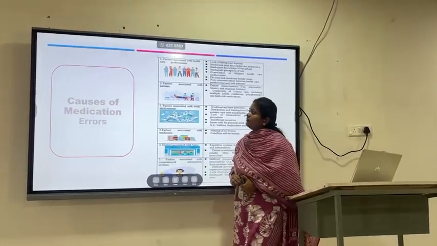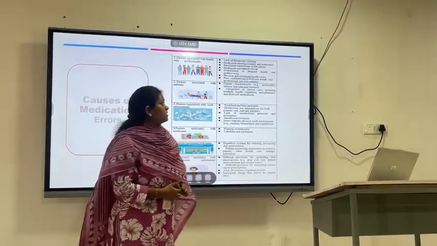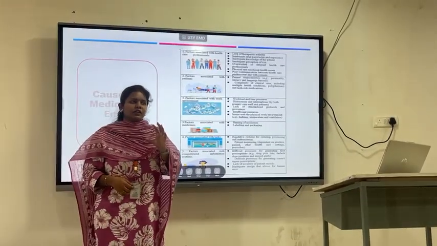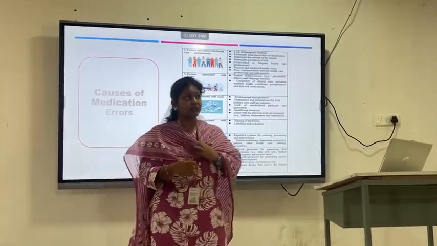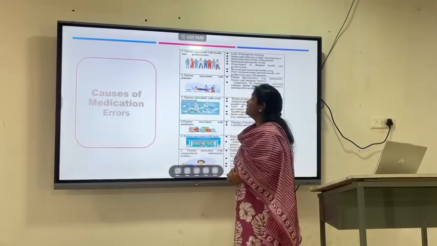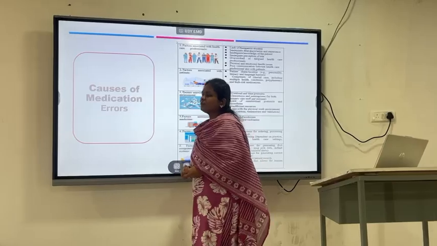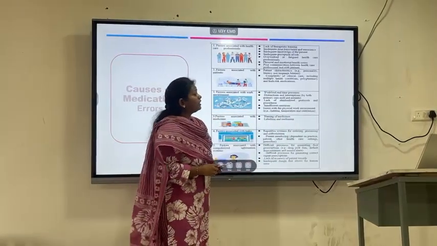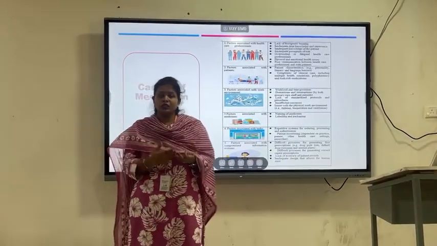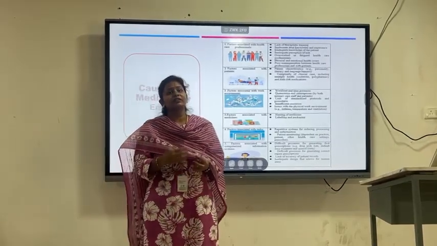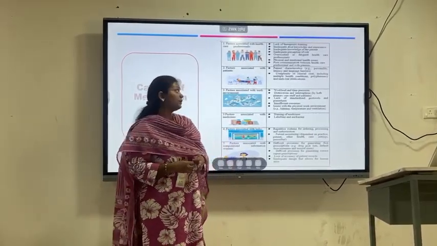Next, coming to the factors or causes of medication errors. There are 5 major causes for any medication error to occur in a hospital organization. First come factors associated with healthcare professionals. Majorly this is lack of therapeutic training, lack of knowledge by the physician to explain to the patient, or lack of knowledge about the particular disease or the therapy to be given.